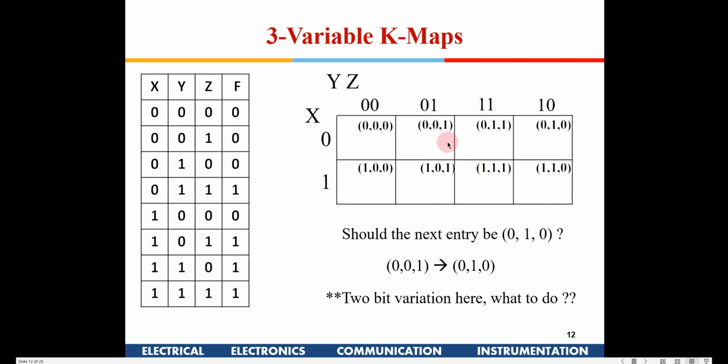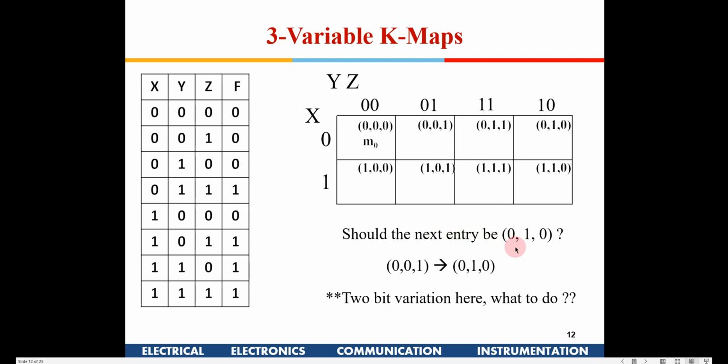So we have to ensure that the way we write these 3 variable KMaps is in this manner: 0 0 0, 0 0 1, 1 1, and then 1 0. So this 1 0 and 1 1 places have been interchanged. That is how we write it.